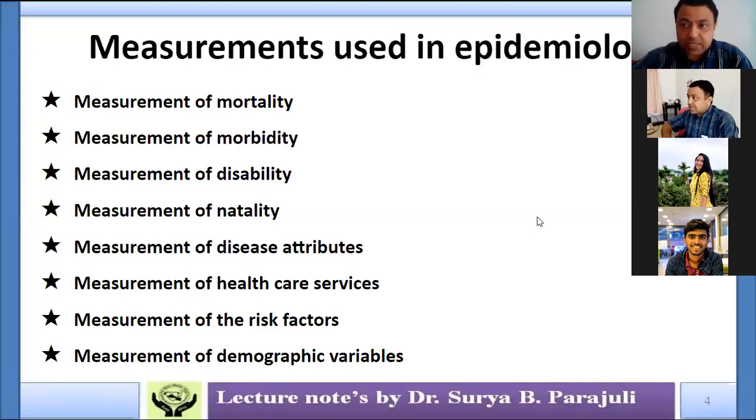Morbidity means illness or disease. Mortality means death. So measurement of mortality, measurement of morbidity, measurement of disability nowadays, measurement of natality, birth, measurement of disease attributes, measurement of healthcare services, measurement of risk factor, and measurement of demographic variables. These all are important.